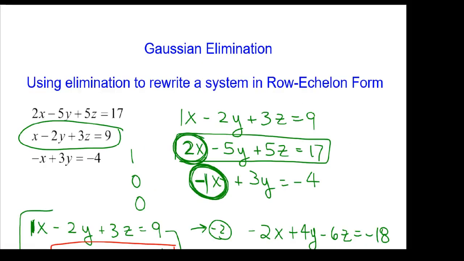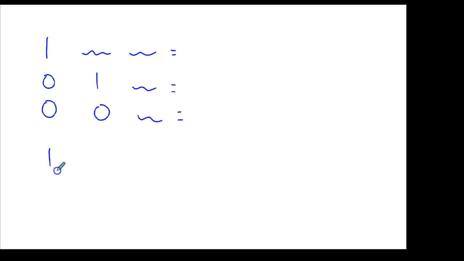So starting with the system, you transform it to row echelon form, which means you want coefficients of 1, 0, 0, whatever, 1, 0, whatever, 1.